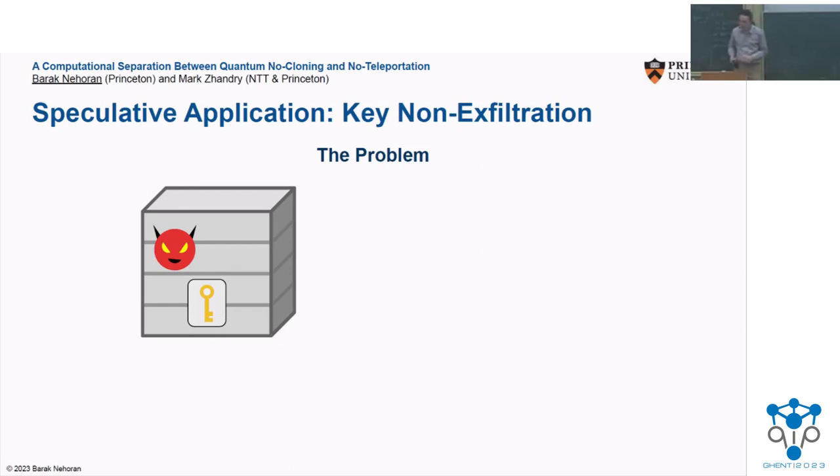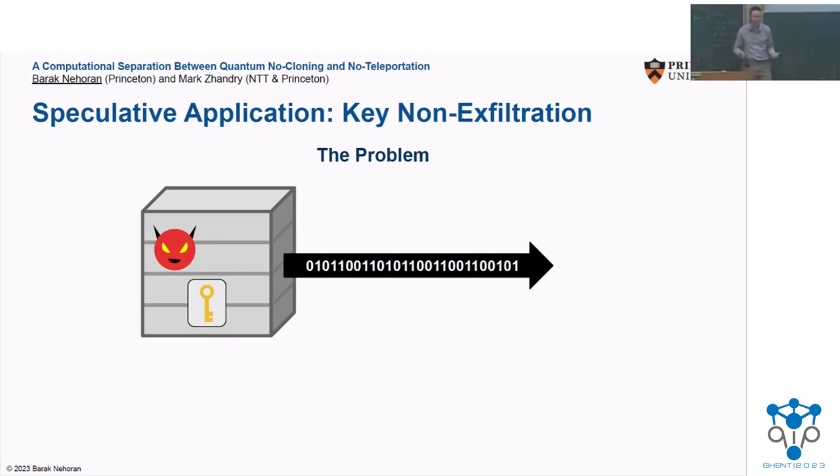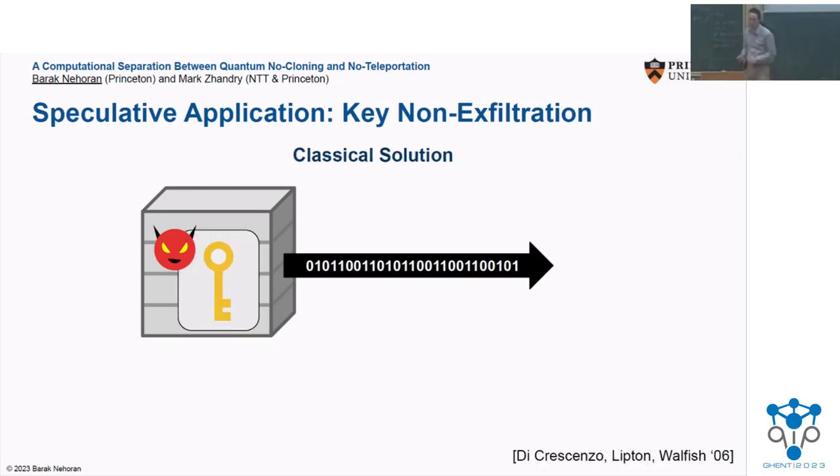What you want is to have the case where even if the adversary is able to take over the server, they're still not able to send out the secret key, so that an outside adversary now has the key. You might think that it's not exactly trivial that such a thing is possible, but there are some ways to do this even classically.